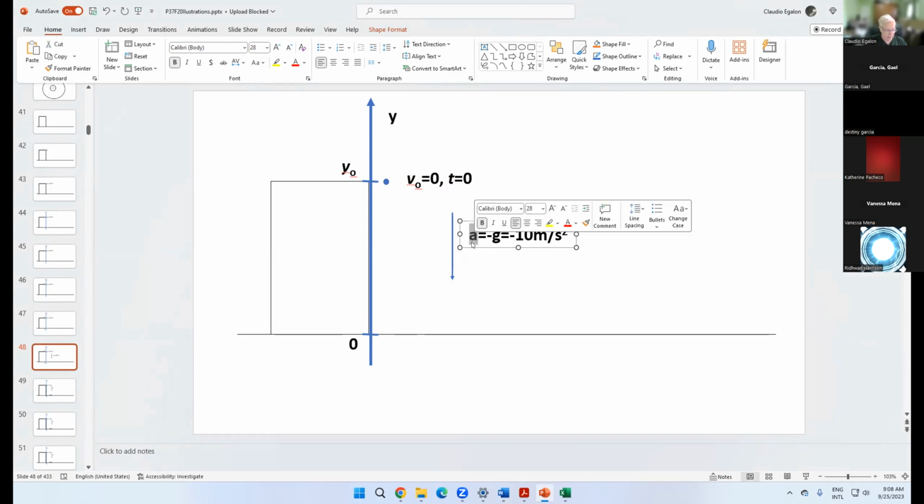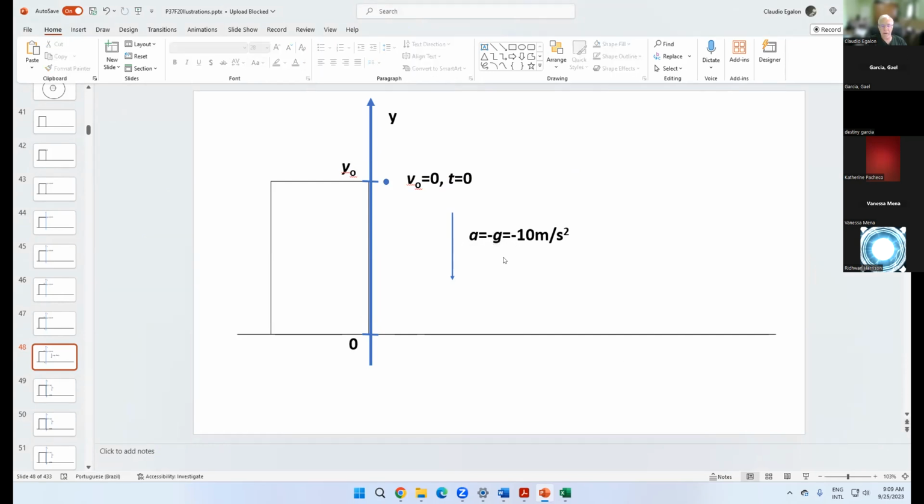The letter G is always going to be positive, the acceleration of gravity. The negative sign in this case comes about because I have chosen the y-axis to be upwards.